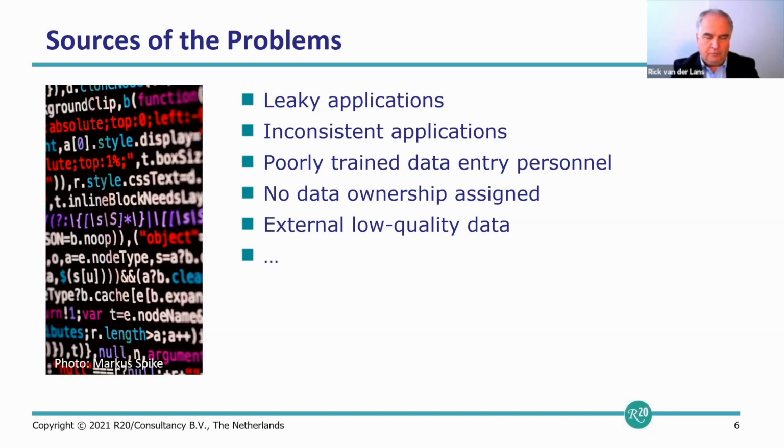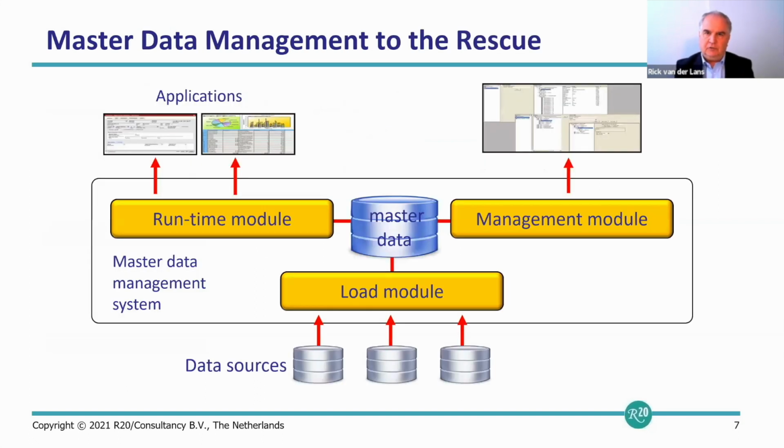If no one feels responsible for the data and the data quality, then who's going to take action when that data needs to be corrected? We can talk for hours on this topic. And then, of course, external data that we retrieve from other organizations. It could be that the external data is just poor data quality. So there can be all kinds of reasons why we have to deal with incorrect and inconsistent data.